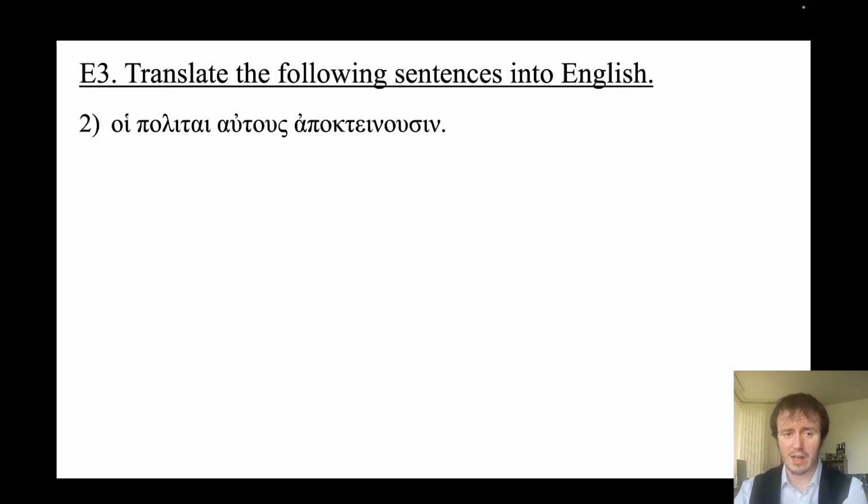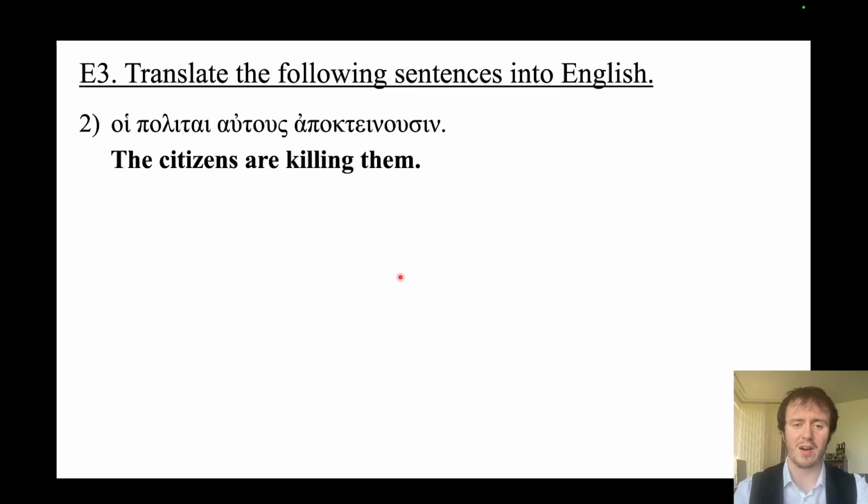Whereas the second sentence only differed in virtue of having a smooth breathing here rather than a rough breathing. Hoi politai αὐτους αποκτeinousin therefore means the citizens are killing them.